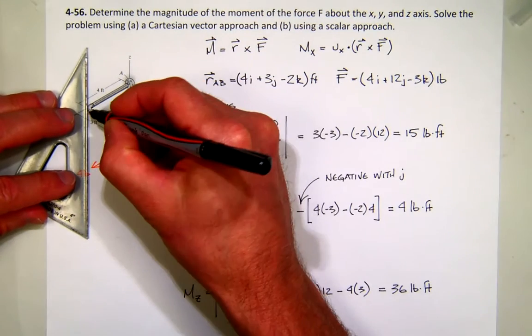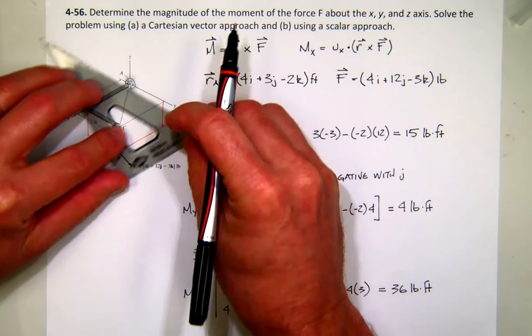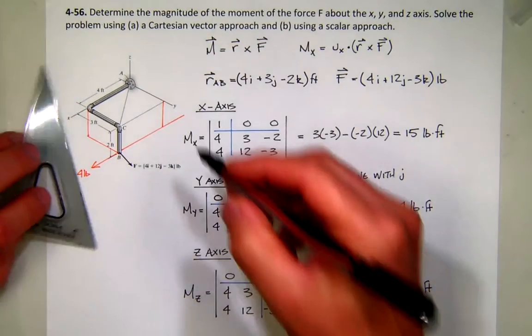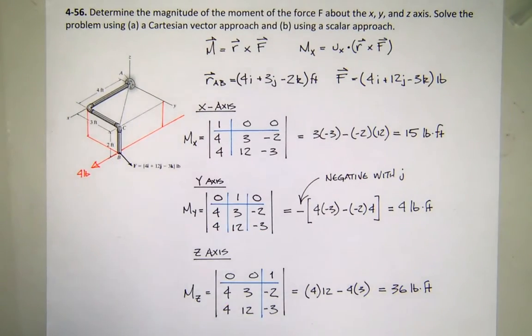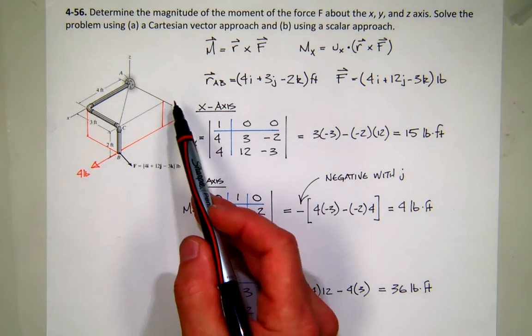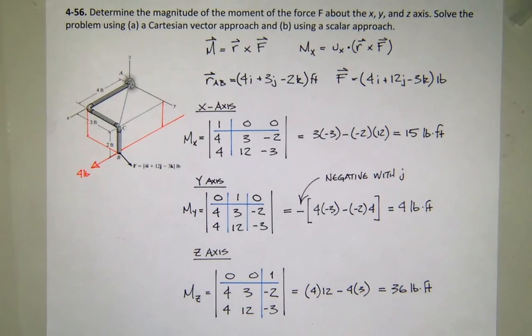I'll see if I can draw a box. So that should show you how all the distances relate to this force there. And what do you have to do? Well, I have a component now of this 4 pounds about the y-axis and about the z-axis. So I have to slowly accumulate those.